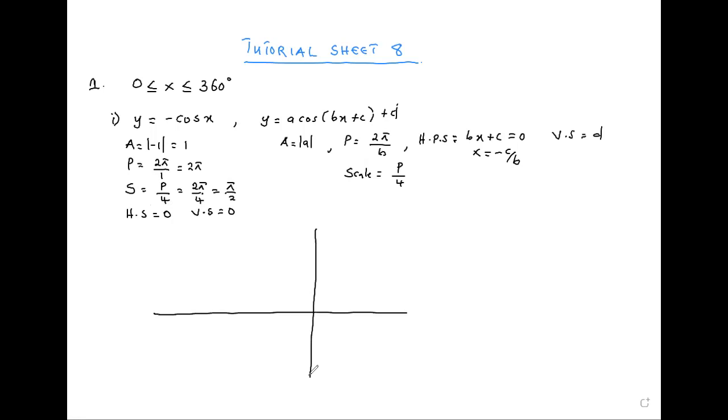So to sketch, remember we are told we should sketch from 0 up to 360. So this is 0. Since our scale is pi over 2, from 0 you add pi over 2. And to move from pi over 2, you add another pi over 2, so that we get pi.